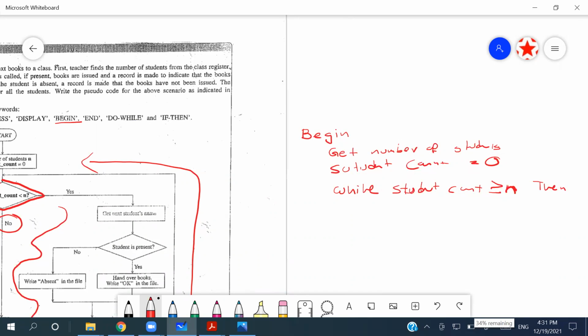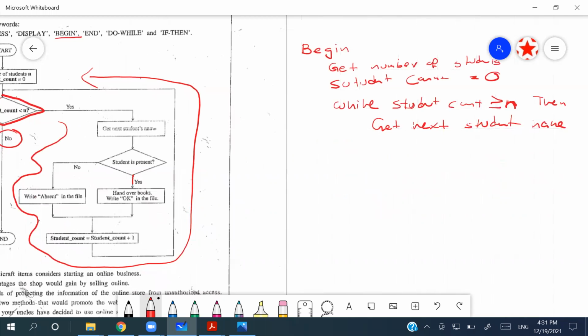you have to say get next student name. Then after that the other condition comes, so in this condition you can see it goes on two paths and combine later.